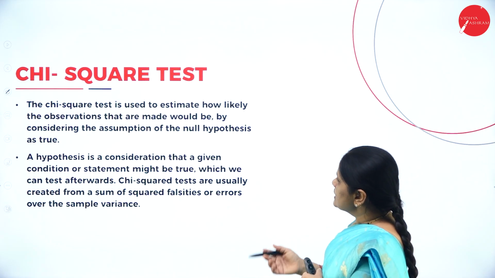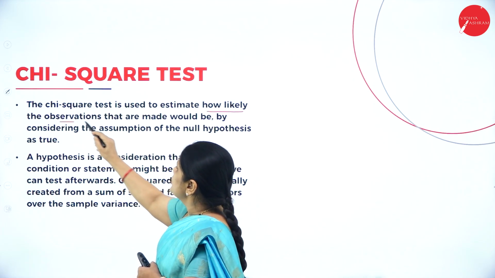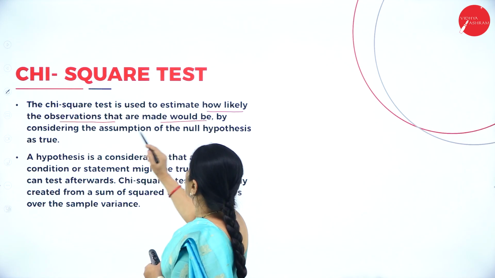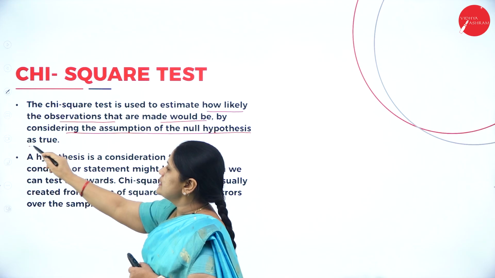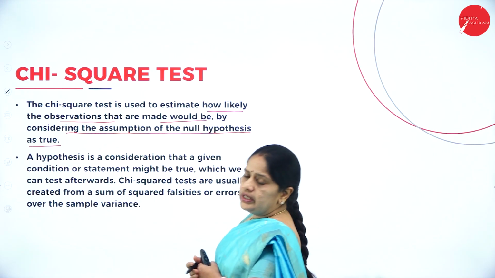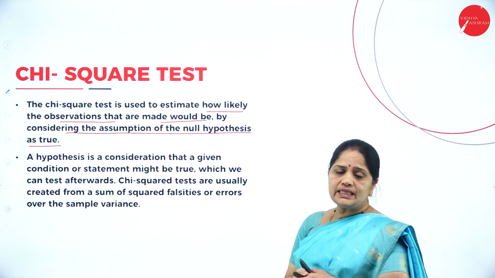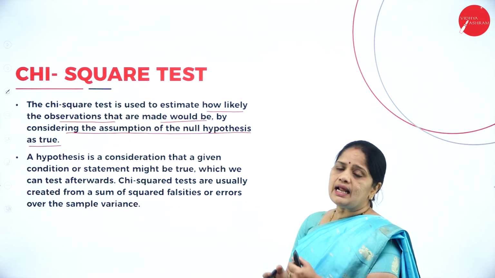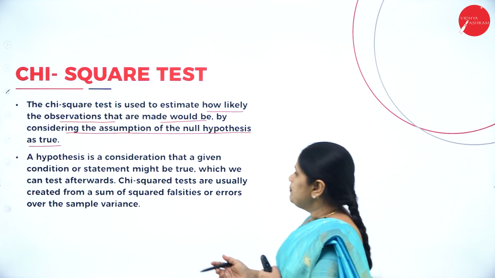The chi-square test is used to estimate how likely the observations that are made would be by considering the assumption of the null hypothesis as true. So, the chi-square test will help us to know whether the assumptions of the null hypothesis are true or not. Then, a hypothesis.